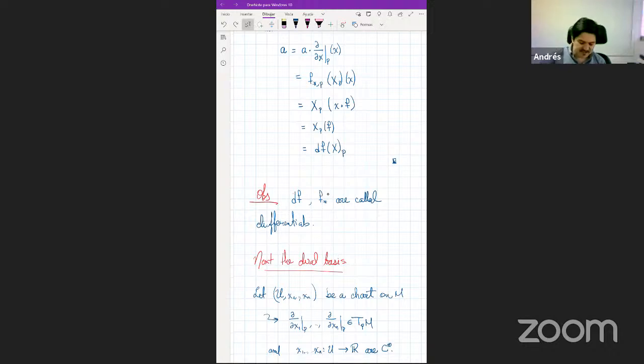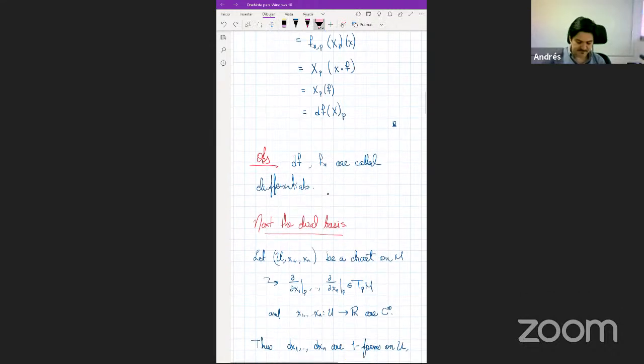And also we have seen that the coordinate functions are smooth functions. Of course, not on all of M, but only on U, on the chart U. And we also know that since this is a function and this is a derivation, we know what is the relation between those two sets.